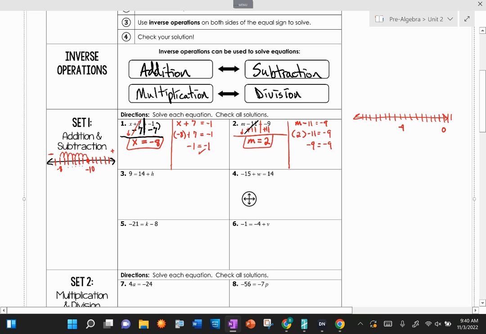So you're asking yourself, 12. Okay, so then you go to step 3.